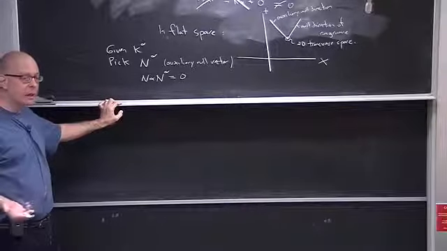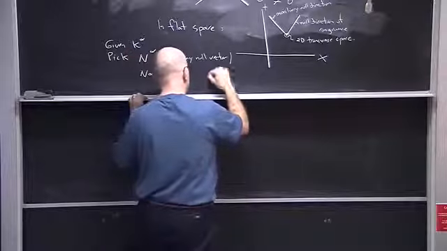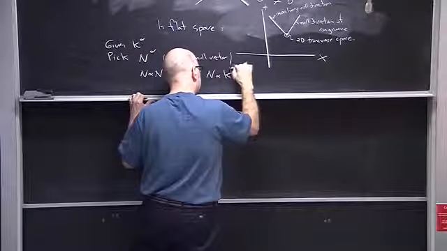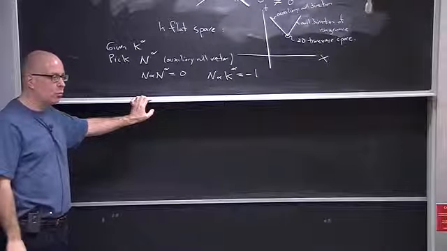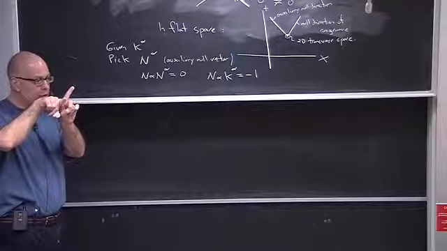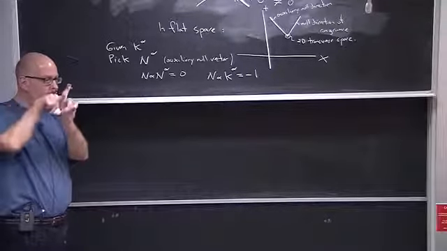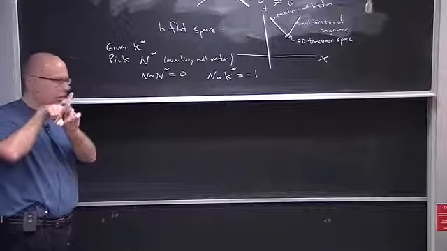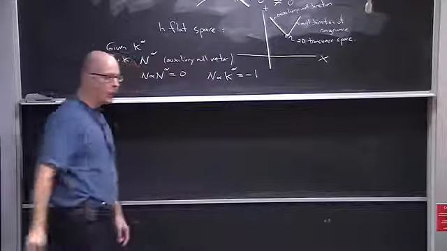And then I can pick its normalization arbitrarily because it's a null vector. I'm going to postulate that its inner product with k is -1. It's minus because we have two future pointing vectors, and the inner product between two future pointing vectors, whether they're timelike or null, always gives a negative number. And I picked that number to be 1. That's just reflecting a choice of normalization for n.